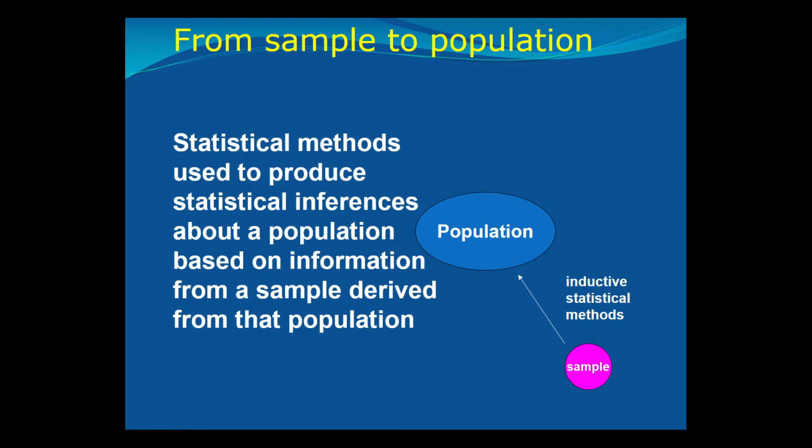It is impossible to study the whole population, so we can conduct our research using only a group, only a portion of the population, which is called a sample. And by using statistical methods, we study this sample, but we apply all the conclusions to the whole population.